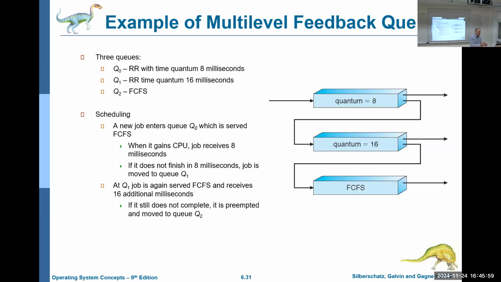You go back to the 10 and get 10 done, and then if you still need more, you go back to the 100. You keep going back, and the rule is that the checkout lady always services whoever's in the 10 first. She won't service anybody in the other line until the first queue is empty. We like this for exam questions because there's an infinite amount of variety that you could do here.